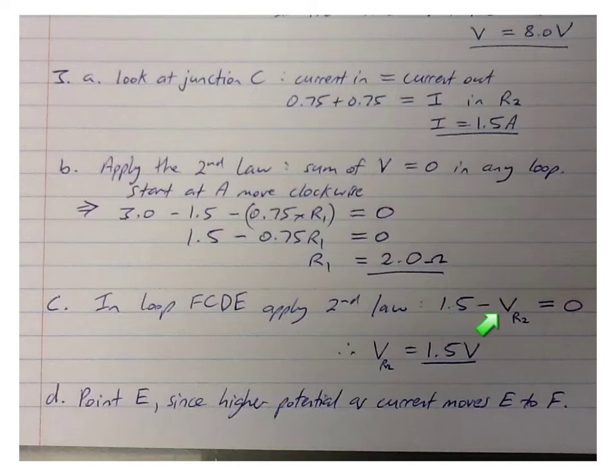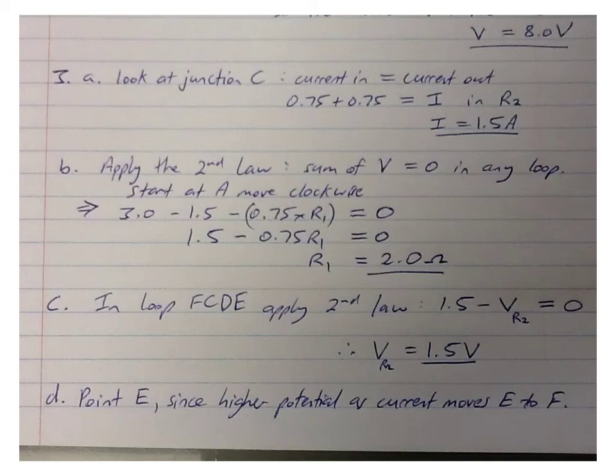Then we come around, nothing's happening until we get back to the resistor R2. There'll be a voltage drop in that resistor, which will be the same reading as the voltmeter across it, of course. We'll just call that V subscript R2. And nothing else, so we're back to F after that. Very simple equation, it equals 0. Therefore, of course, that must be 1.5 volts, the reading of the voltmeter.